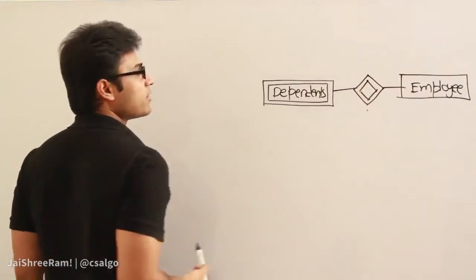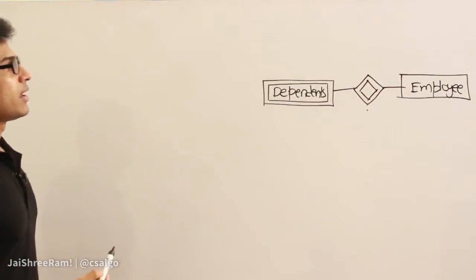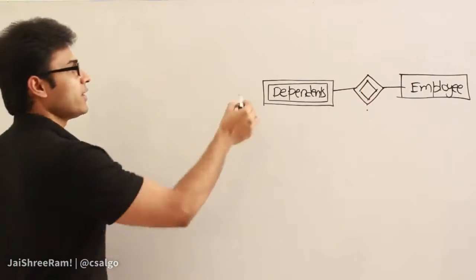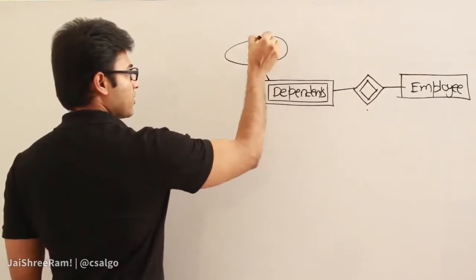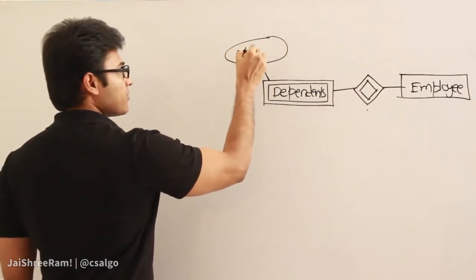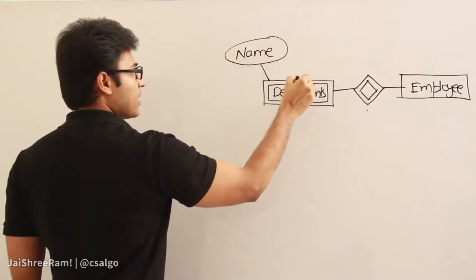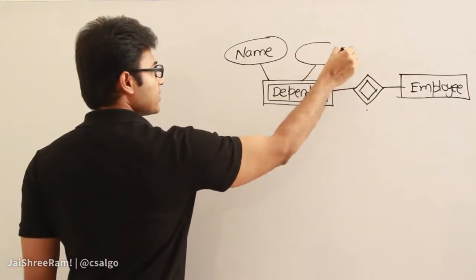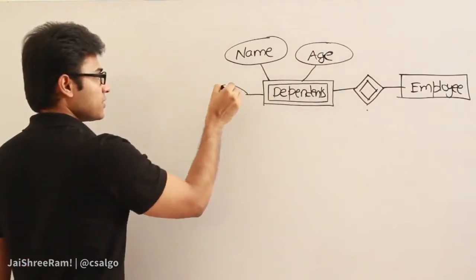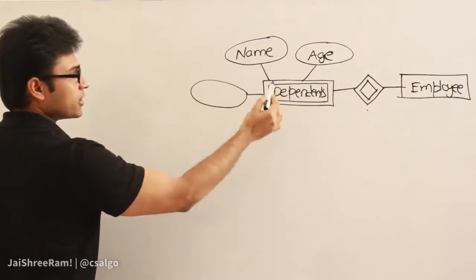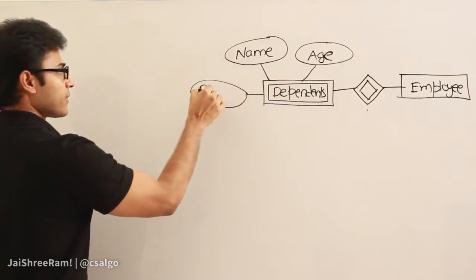Okay, this is the identifying relationship, right? And now assume that the attributes of this weak entity are, one is name, which means the dependent name, and other is relation. Relation means how is the dependent related to the employee.